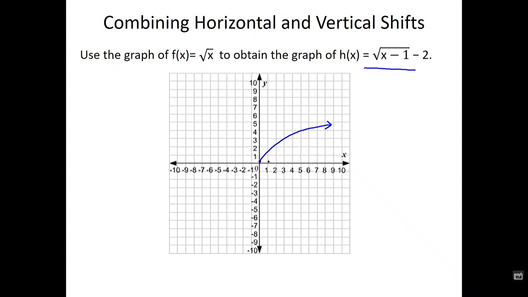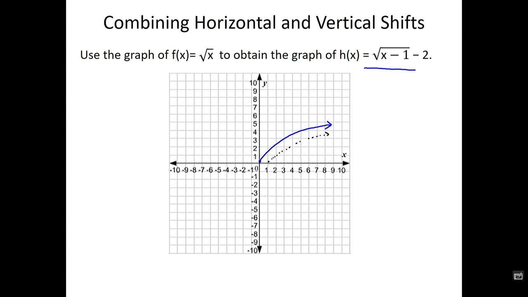All right, although we're attaining something that looks like this, that's not our final graph. Because now that we've done the x minus c, we need to take into consideration the vertical shift. So that's minus 2. So that means that from this point here, we want to take this graph and shift it 2 units downward.